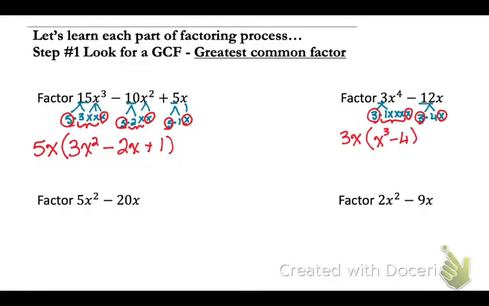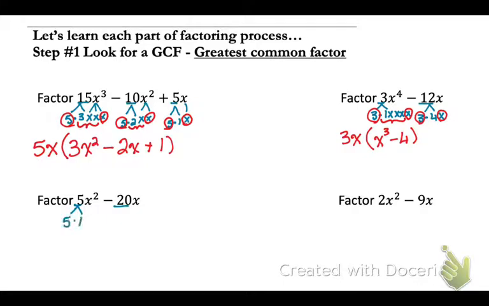Let's take a look at this next one. We are factoring out a greatest common factor, so we're going to look at our numbers, which are 5 and 20. The biggest number that'll go into both of those is 5.